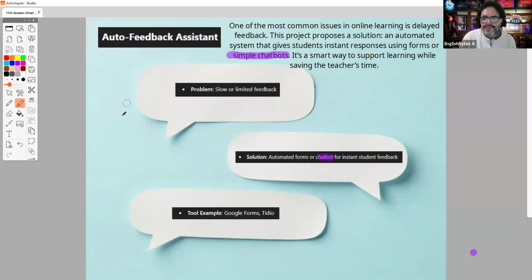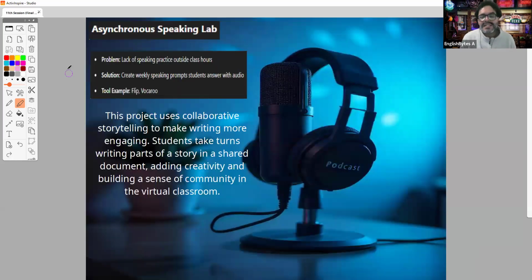So an auto feedback assistant is our second idea. Let's take a look at the third idea: an asynchronous speaking lab. This is amazing for students.